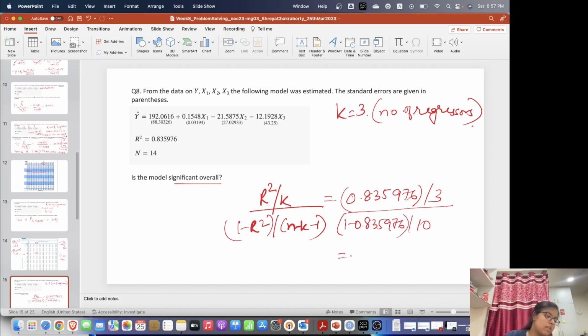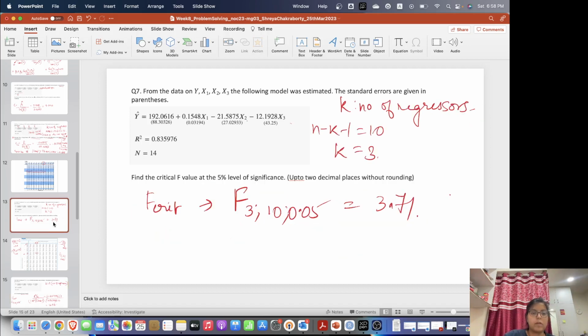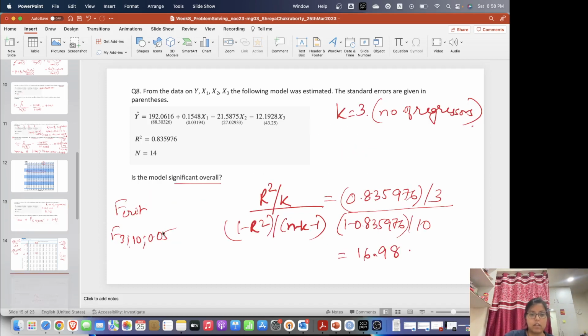How much are we getting this? Can you calculate? 16.98. Okay, so this one comes out as 16.98. And what was the F critical? F 3, 10, 0.05, that we got from the previous slide, 3.71.